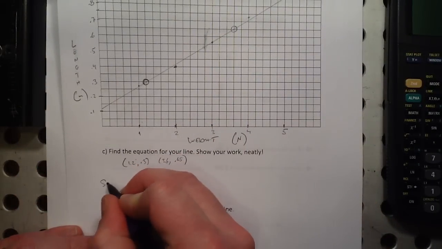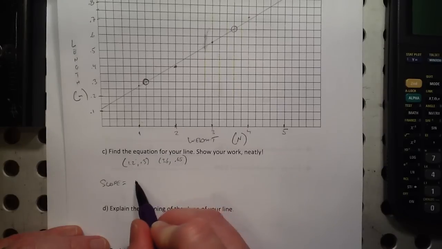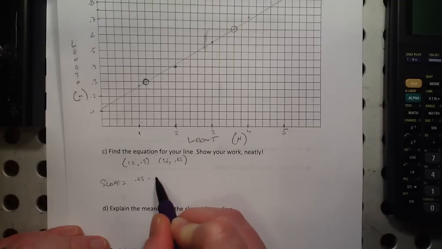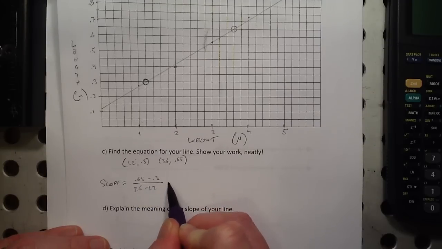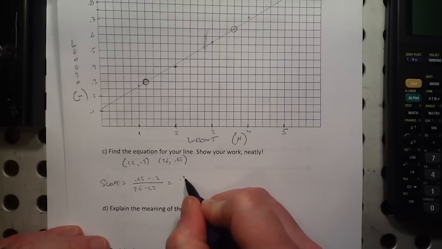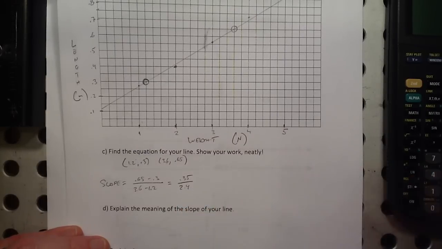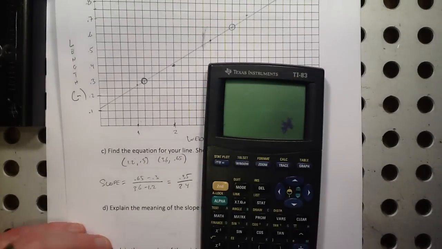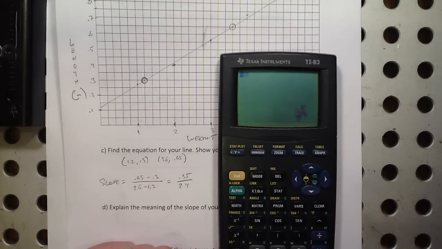So my slope as rise over run, that'd be 0.65 minus 0.3, over 3.6 minus 1.2. It's 0.35 over 2.4. And then jam that into the calculator.